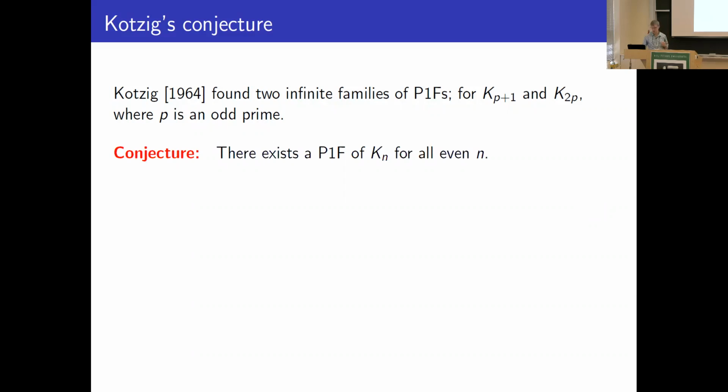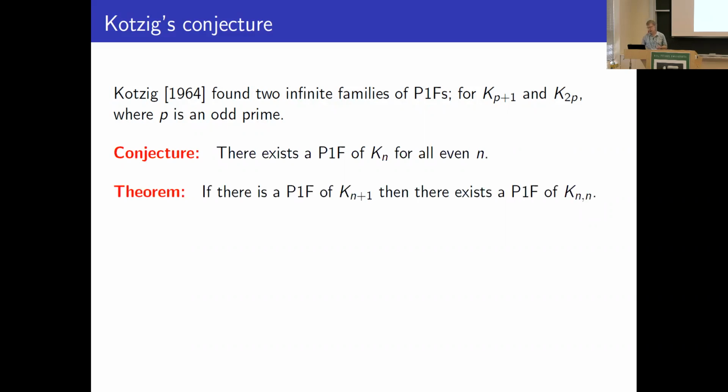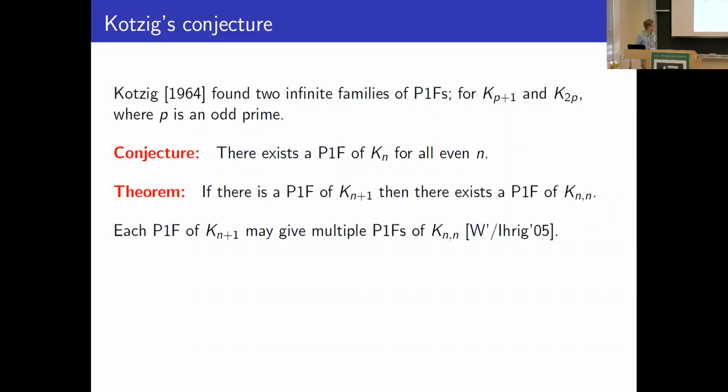And he conjectured that these things actually exist all the time. So whenever n is even, you should be able to do this. And he also realized that there's a connection between perfect 1-factorizations of complete graphs and those of complete bipartite graphs. So these are the three things that Kotzig really did to start the subject off. Actually, there's some subtleties with this last theorem.